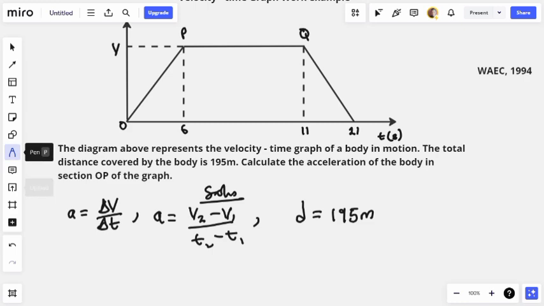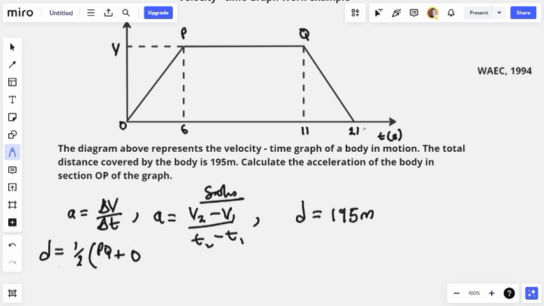Now, you recall that total distance D equals what? The area of the shape formed by the graph. And what kind of shape is this? A trapezium. The area of a trapezium is a half of the sum of the parallel sides, half of PQ plus OR, whatever we call it.